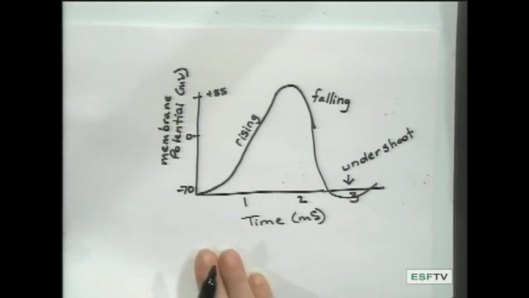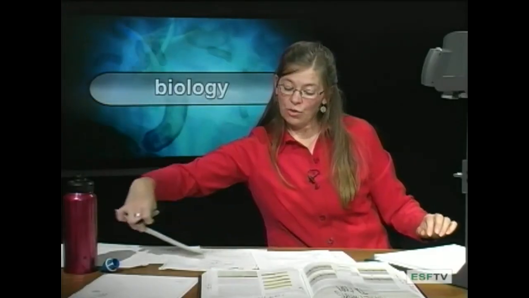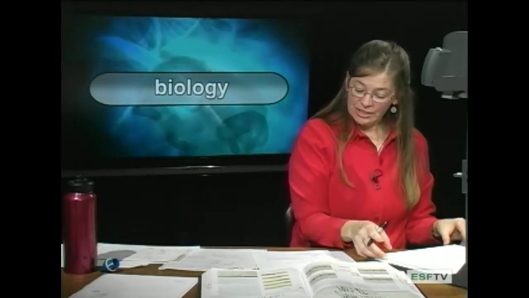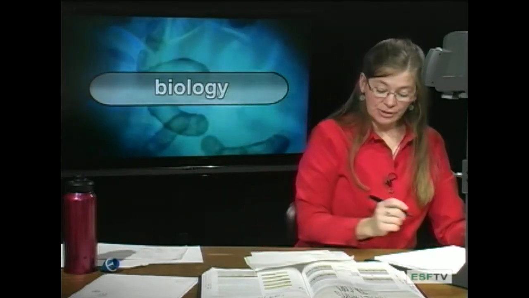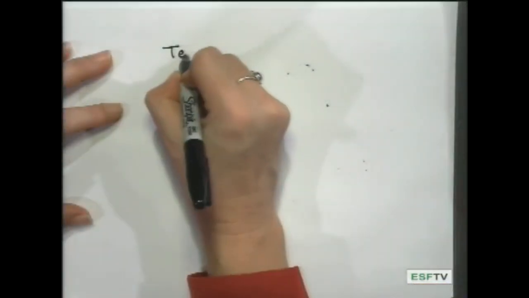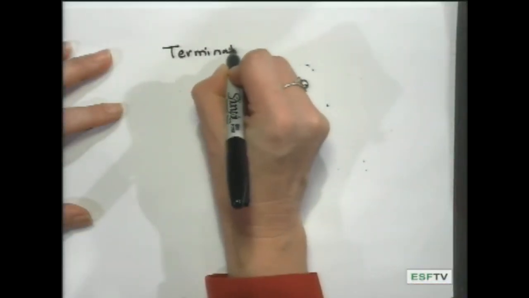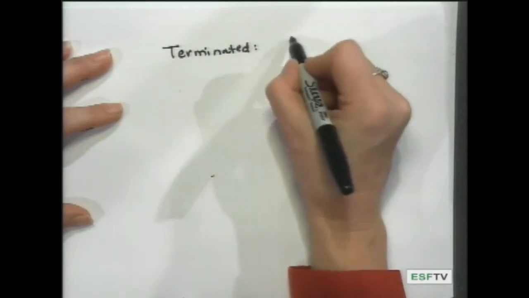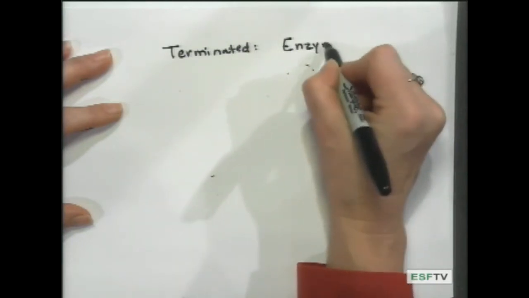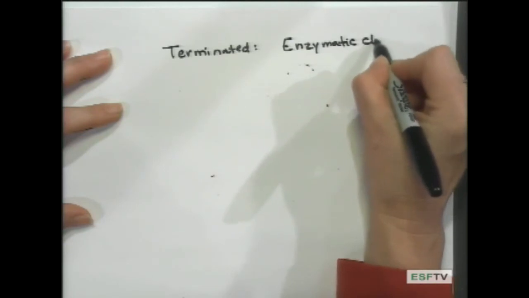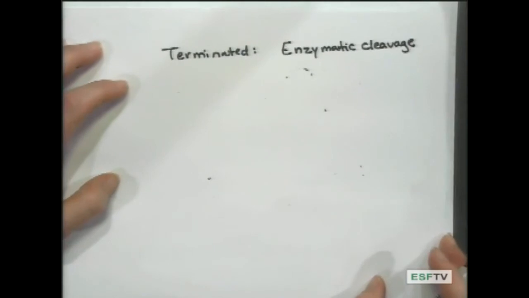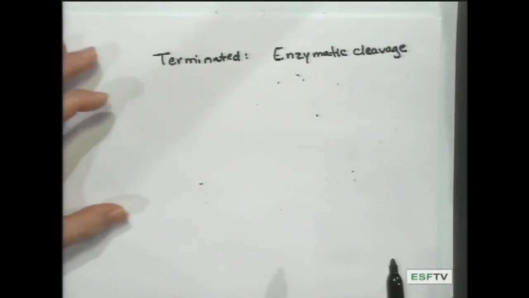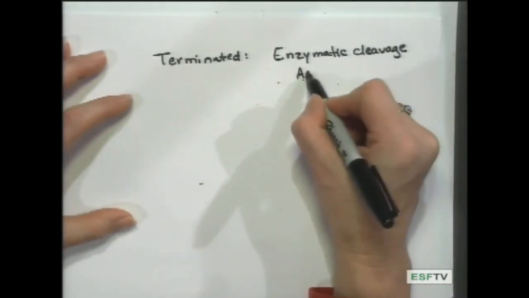And at some point, you want this process to end. And there's a couple of different ways that action potentials are terminated. Action potentials can be terminated by enzymatic cleavage. This enzymatic cleavage, one of the very good examples is acetylcholinesterase.